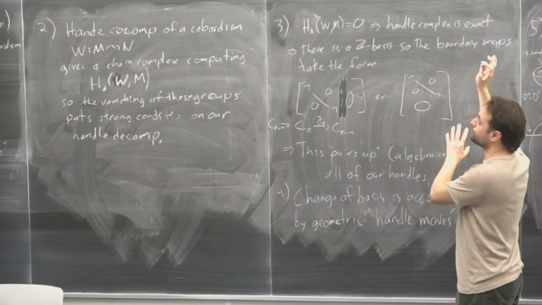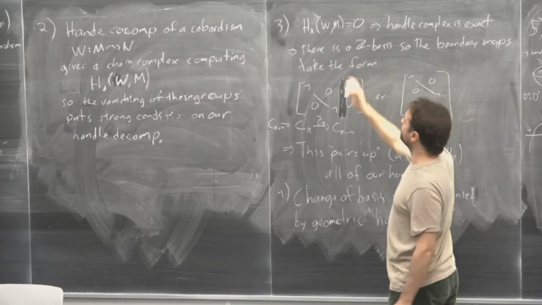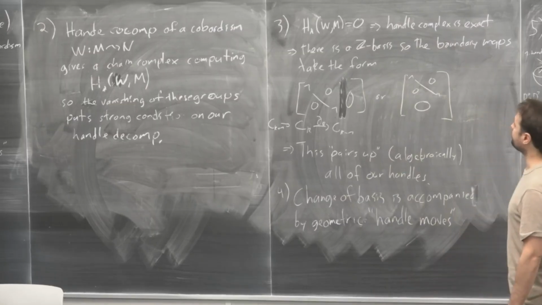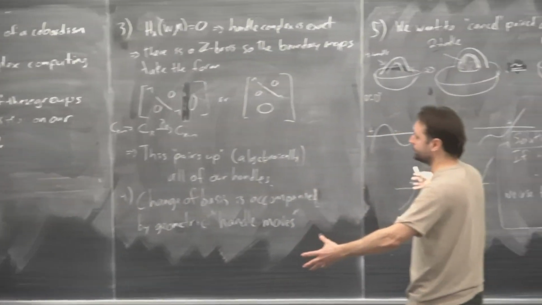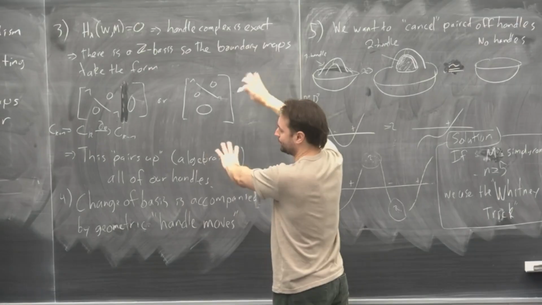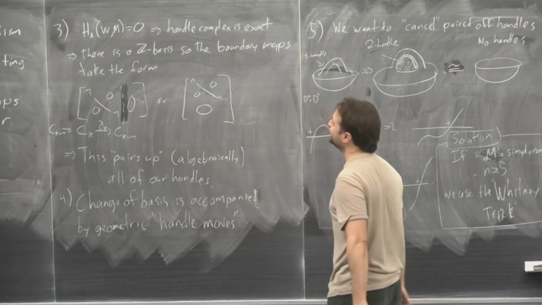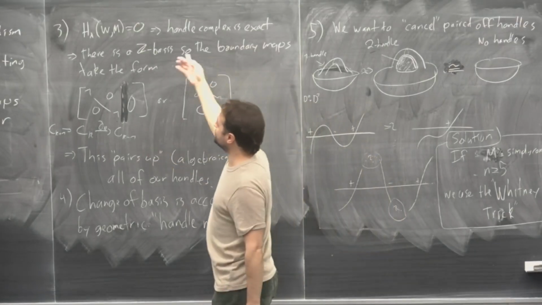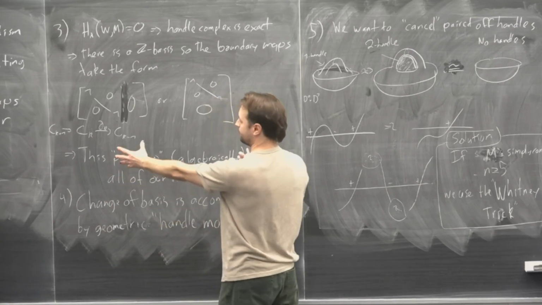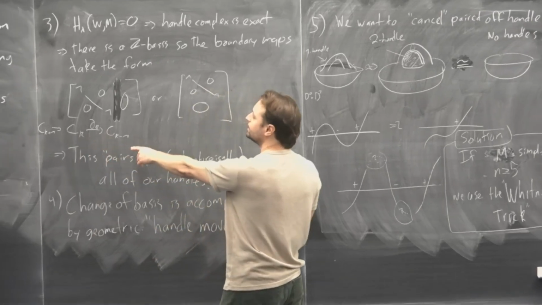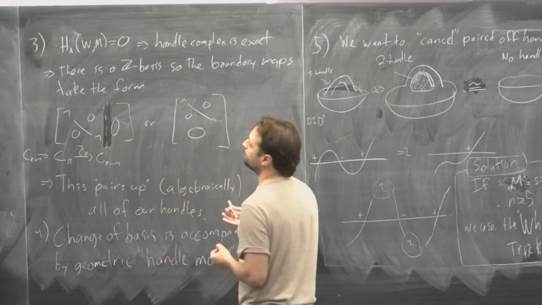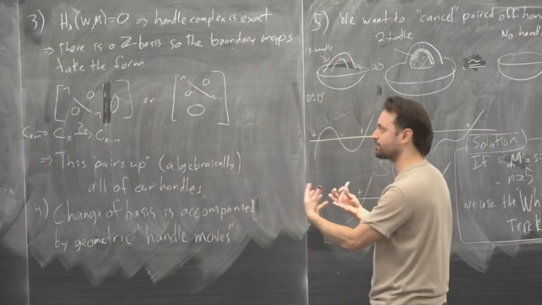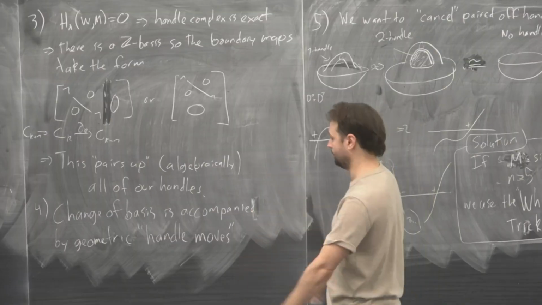From the assumption of the theorem, we know that this relative homology group vanishes. And by doing algebra, which I'm not actually going to elaborate on, I'm just going to treat this as a black box, we can change a basis of our chain complexes so that all of our boundary maps take on an extremely simple form that pairs up all of our handles in our handle complex.